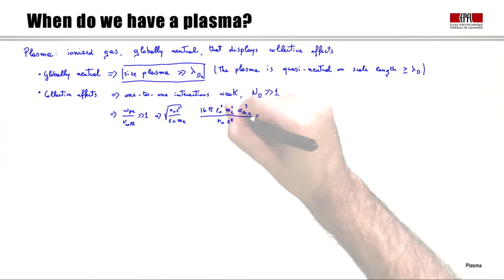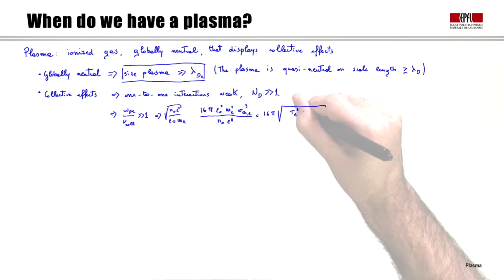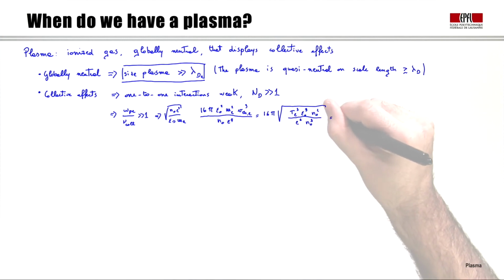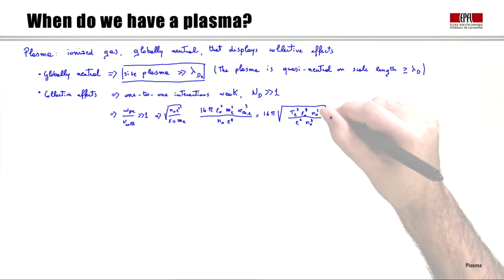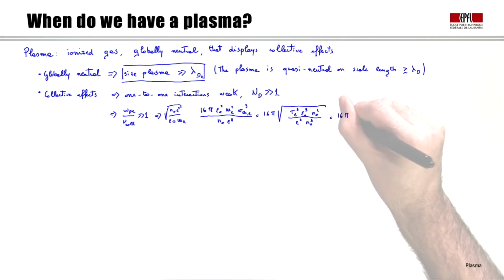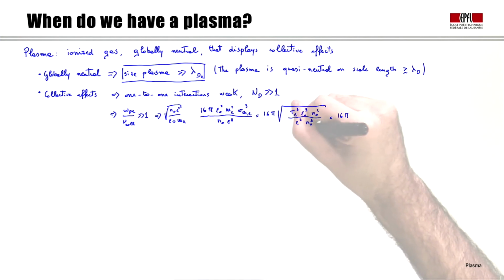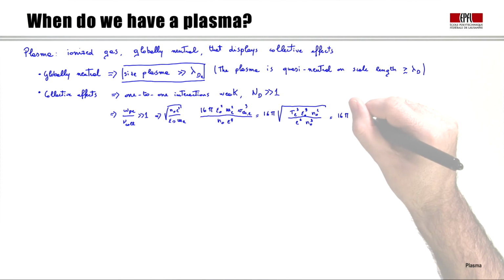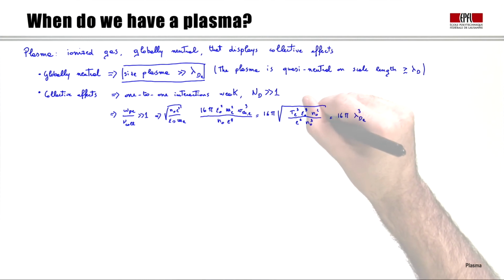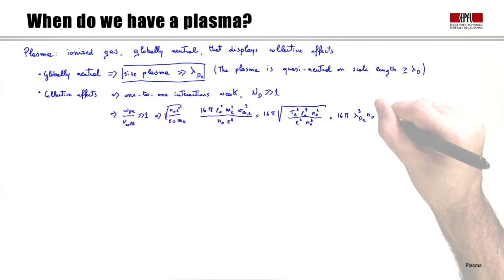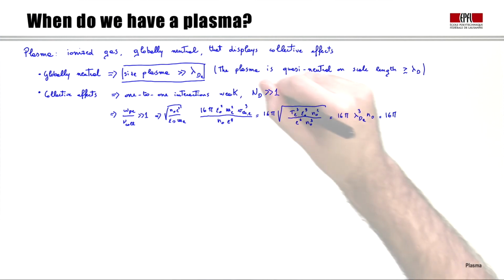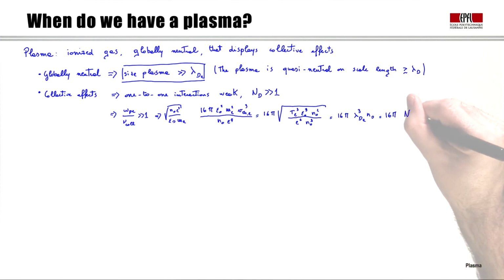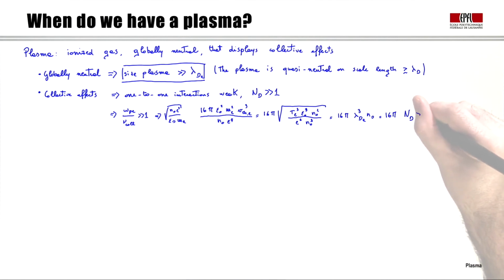And if we put these under the same square root, we find, which can be written, introducing the Debye length, as 16 pi Debye length cube, this is actually the Debye length cube, times n0. And this is equal to 16 pi. This is the number that we have already seen many times today, and this has to be much bigger than 1.